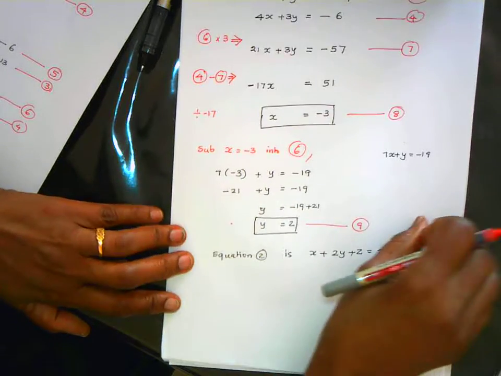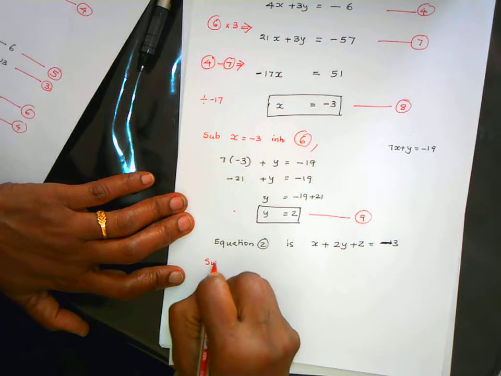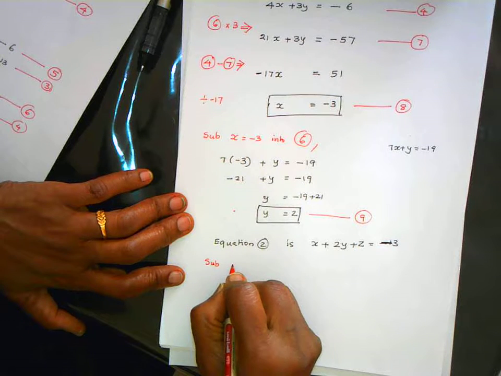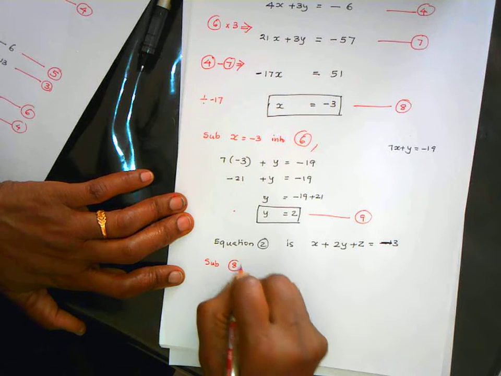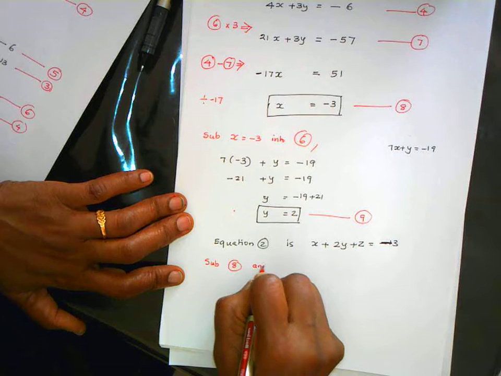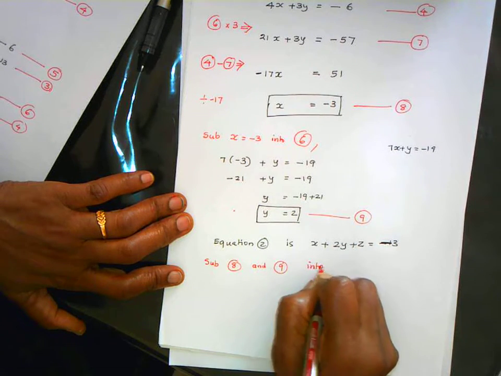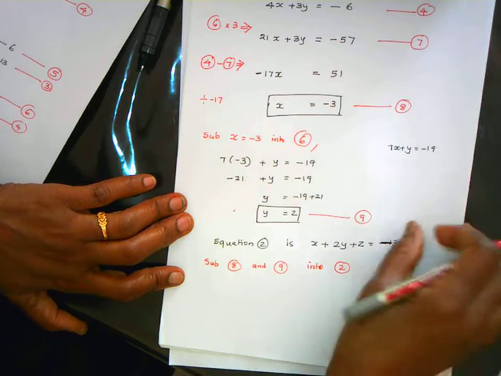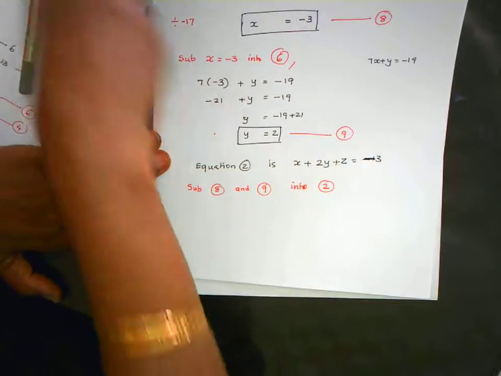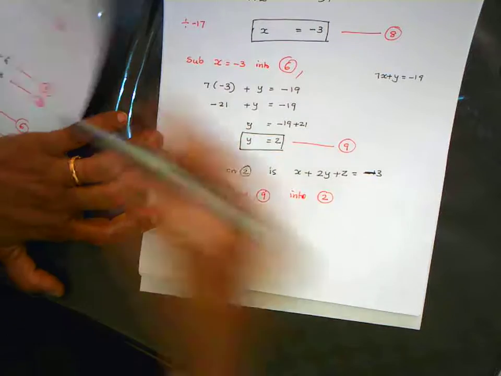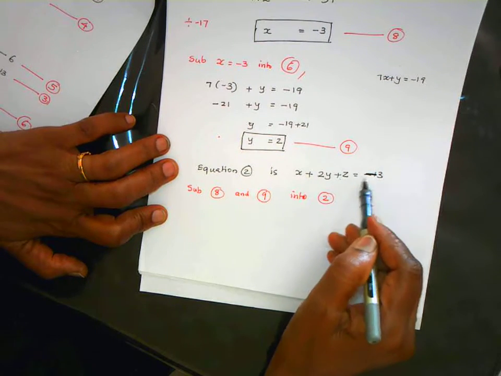So now I'm doing sub 8 and 9 into equation 2. Equation 2 we know is x plus 2y plus z equal to minus 3.